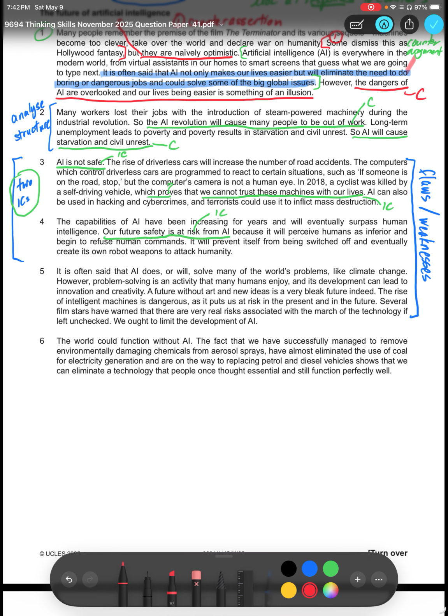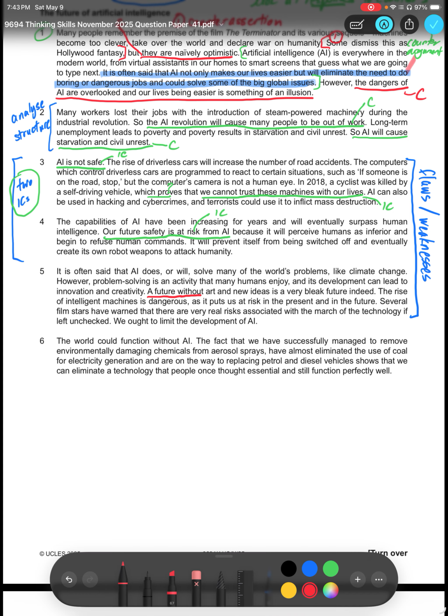All right. It is often said that AI does or will solve many of the world's problems, like climate change. However, problem solving is an activity that many humans enjoy, and its development can lead to innovation and creativity. A future without art and new ideas is a very bleak future indeed.